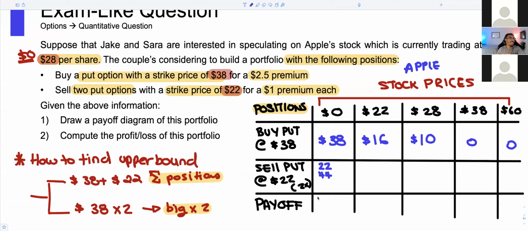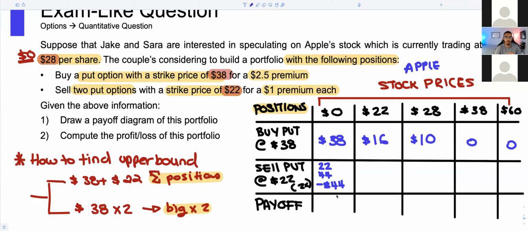Yes, it is minus $44, because we have lost the opportunity to make 44 bucks. Very well done. Is that clear? Instead of it being 0, it's going to be negative because we lost the opportunity to make that money.